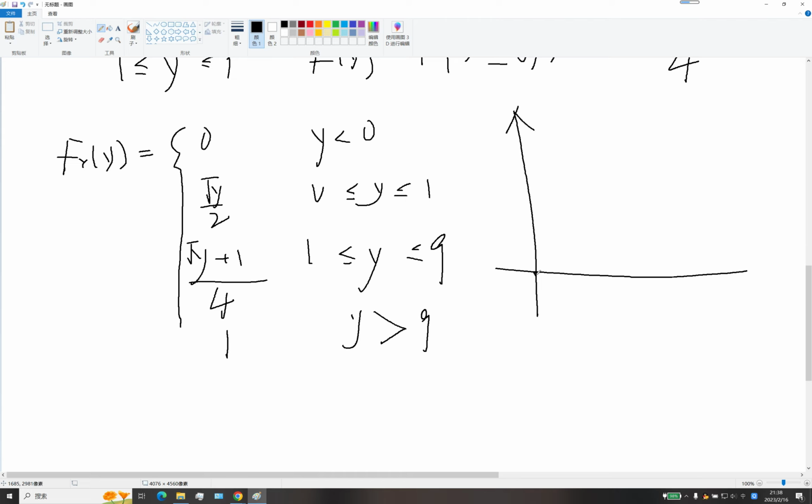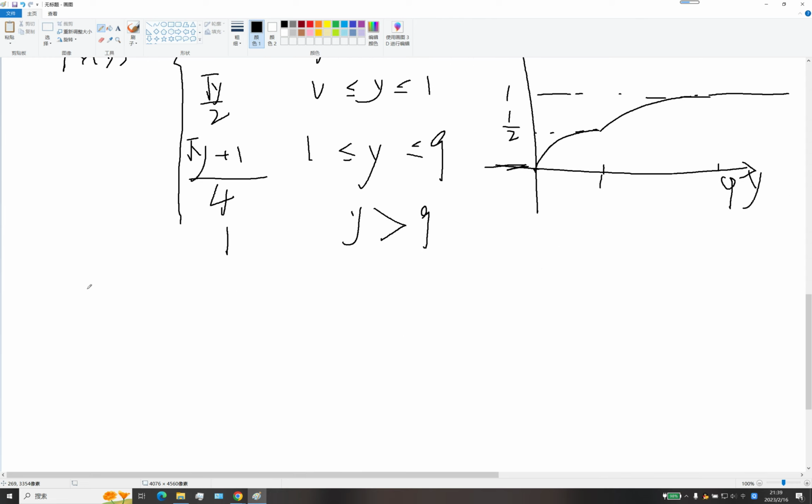Less than 0, it is 0, and between 0 and 1, it is a line like this, and the end of it is 1 over 2. And between 1 and 9, it is a line like this, and this part is 1. So when y is larger than 9, it is always equal to 1.